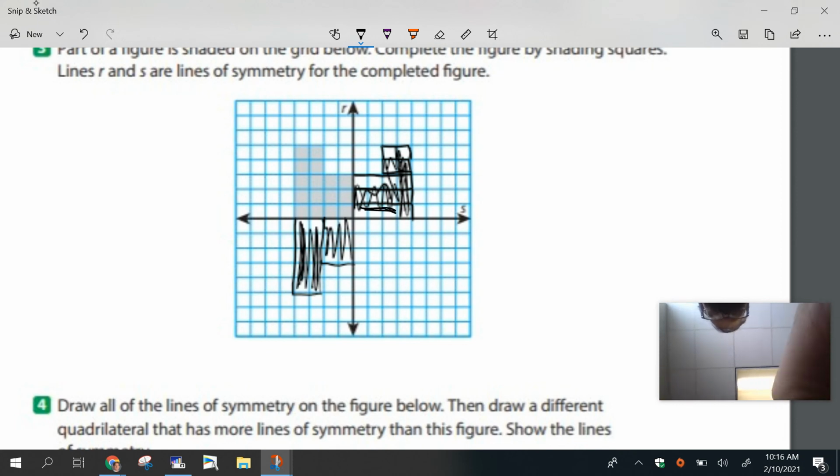And I can do the same thing here. It's going to be a mirror image. So I'm going to go, this is 1, 2, 3, 5 down. Two down. Oop. Hang on. Oh yeah, I have to go 3 down. Okay. So that is what you would do.